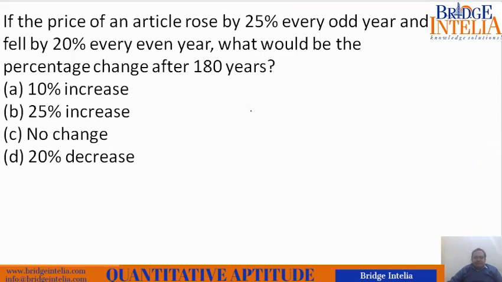Now let's see this one. If the price of an article rose by 25% every odd year and fell by 20% every even year. So increasing by 25% means you would multiply that with 100 plus 25, so 125 by 100.